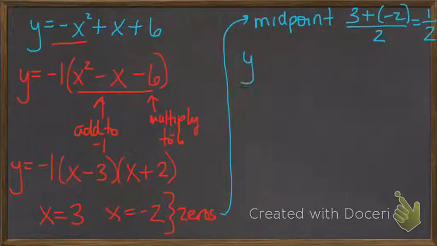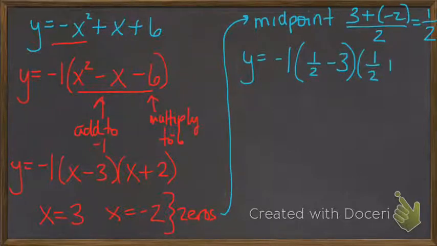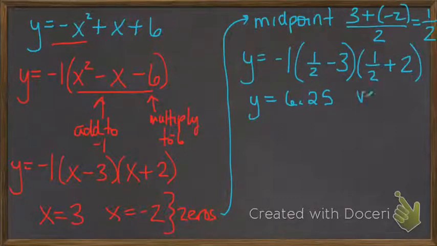So we have y equals -1 times (1 over 2 minus 3) times (1 over 2 plus 2). We solve this and we realize that y is equal to 6.25. So our vertex is actually going to be (1/2, 6.25).